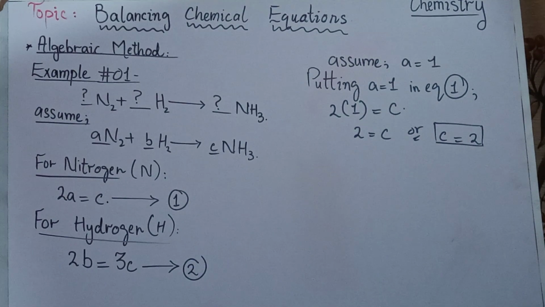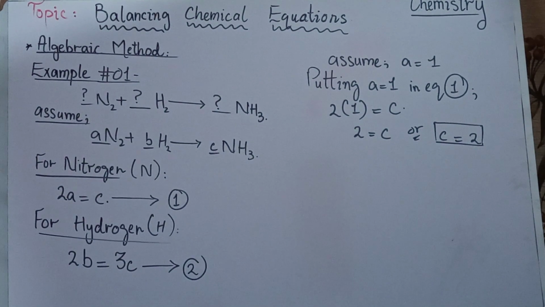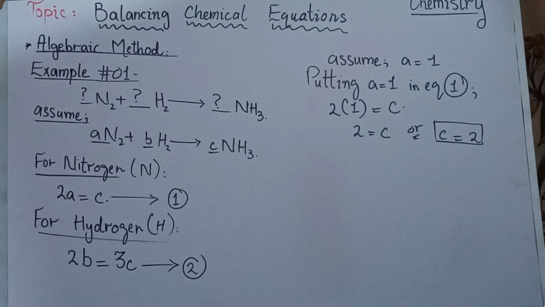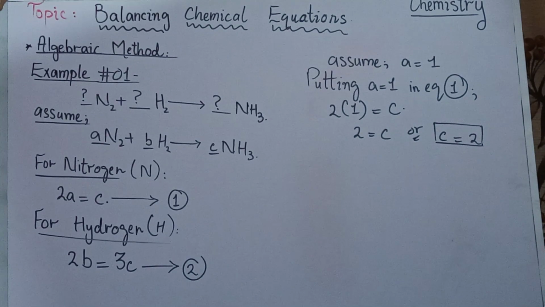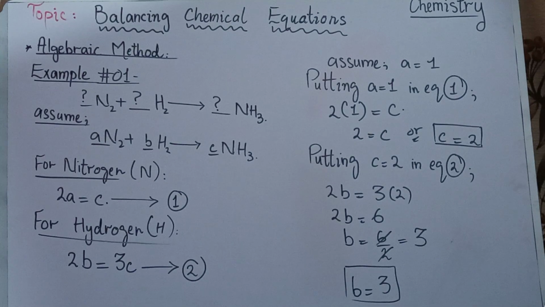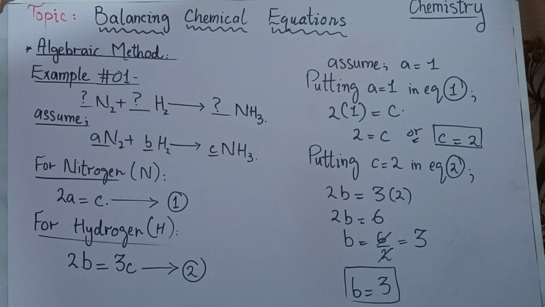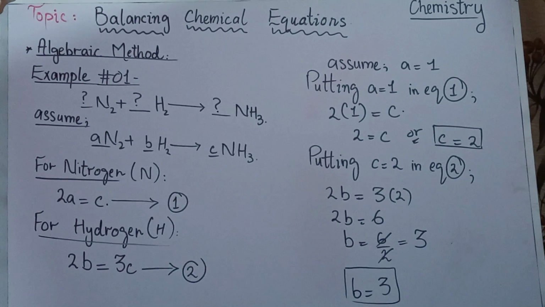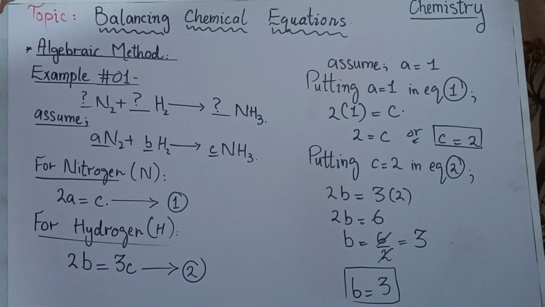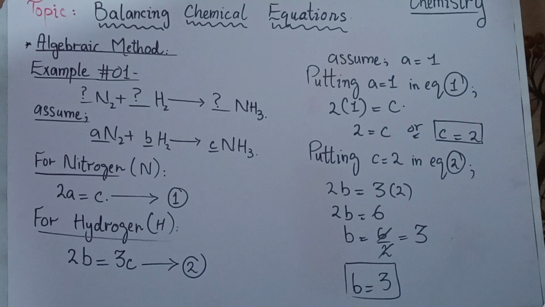Now we have the values of A and C, so we can find B from equation 2, 2B equals 3C. When we put C equal to 2, 3 times 2 is 6, B equals 6 by 2, so the value of B is 3.